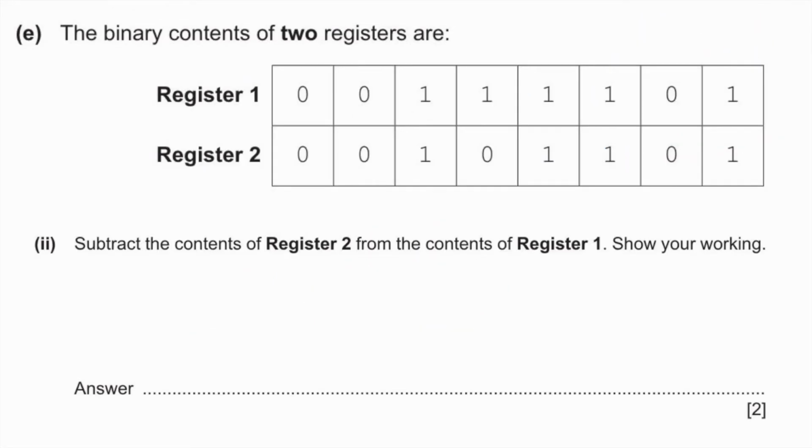Now to see another example, it says the binary contents of 2 registers are as such, and we need to subtract them. Now this is tedious, but let's go ahead and do it. I'm not gonna lie, it is kind of tedious. So we're gonna take our bottom number, and we're just gonna write it out: 1, 0, 1, 1, 0, 1, invert it, 1, 1, 0, 1, 0, 0, 1, 0.